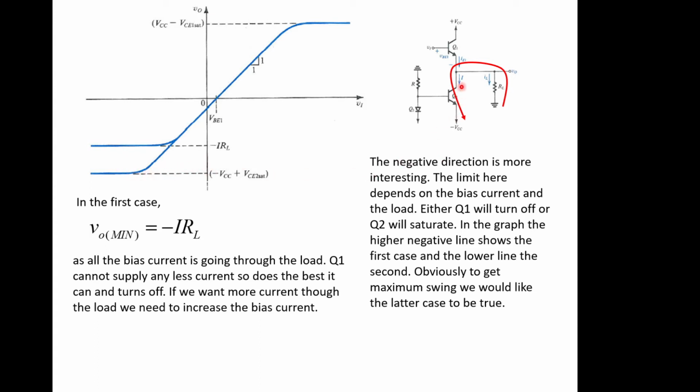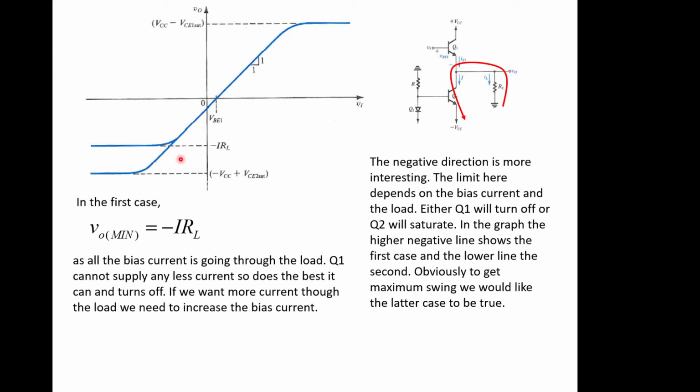So we've almost mirrored the top half in the worst case conditions. We'd like to arrange for this value IRL, which is the multiplication of the bias current and the load current, which is the worst case or best case depending on your view, to be at this level here for the maximum transfer.